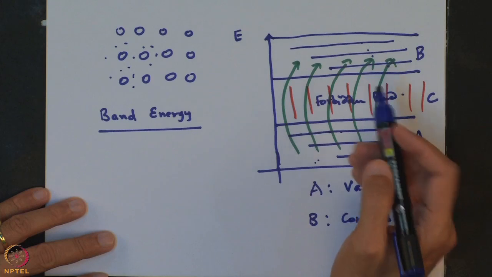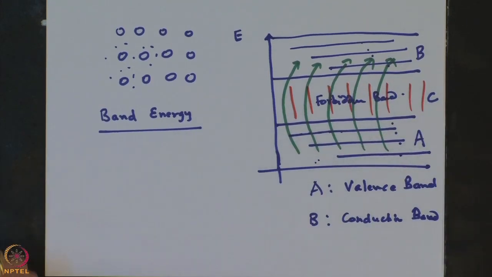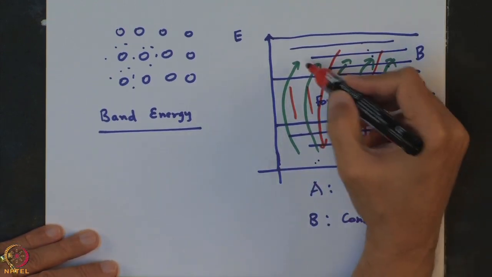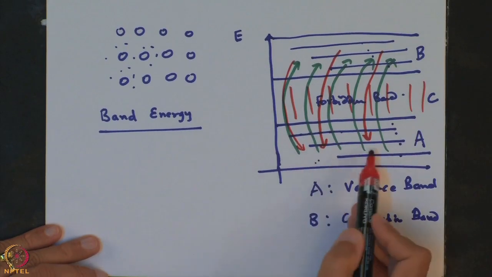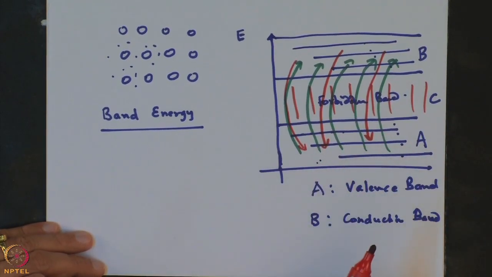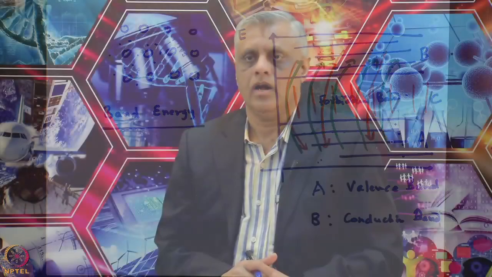When they collide, they lose energy and fall back to the valence band, where they combine with holes and get neutralized. So, this process is all the time on.